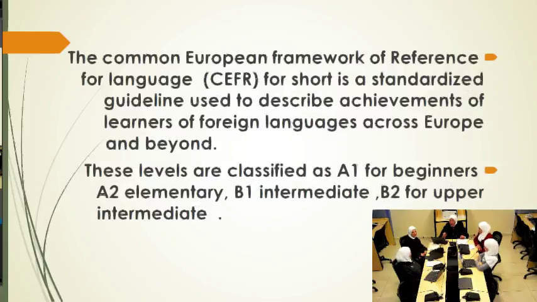Of course, C1 and C2 are at the university, which is not our concern, and B1 and B2 are for the intermediate and high schools. So our most concern is A1 and A2.